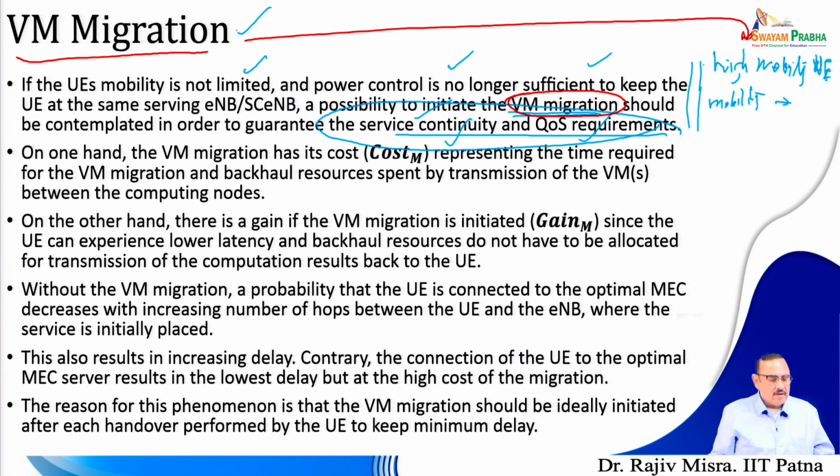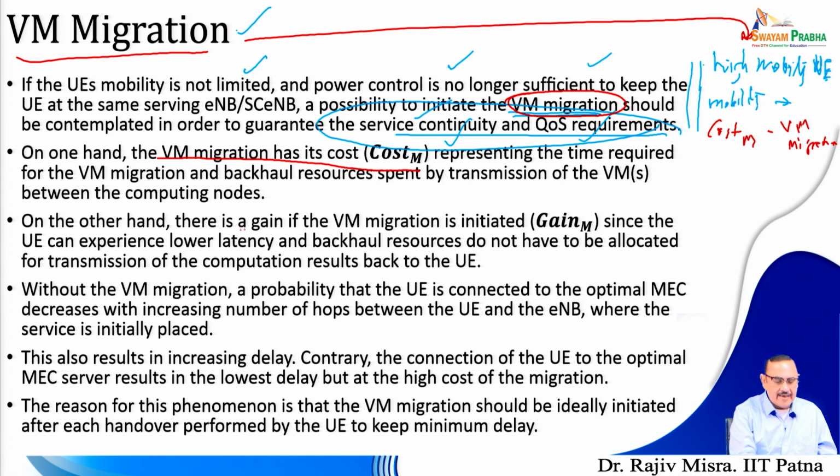Now, on one hand, the virtual machine migration can increase the cost, that is called cost of virtual machine migration, representing the time required for VM migration and backhaul resources spent by the transmission of VMs between the computing nodes.